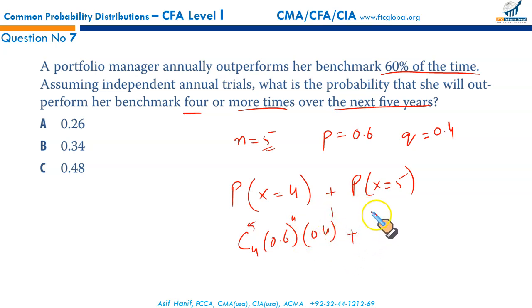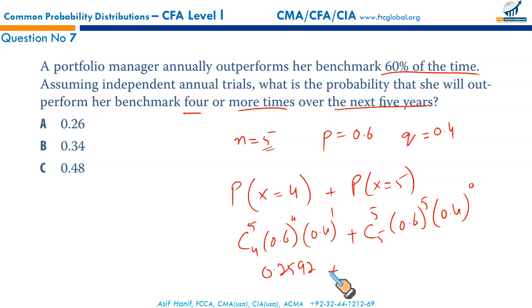In this case, it's going to be 5C5 0.6 raised to the power 5 and 0.4 raised to the power 5 minus 5, that's 0. Right? You can just simplify this and let me do this for you. 5C4 times 0.6 raised to the power 4 into 0.4 gives you 0.2592.